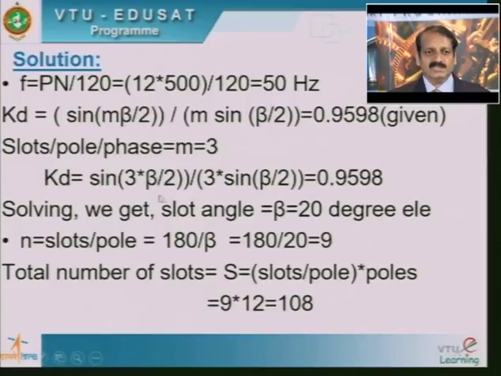We can solve this equation for beta because we know the value of Kd, and while solving we get slot angle beta as 20 degree electrical. So, n is equal to slots per pole, 180 divided by this beta, so we will get 9. Total number of slots is equal to slots per pole into number of poles. So, we will have 9 into 12 poles, which is equal to 108.